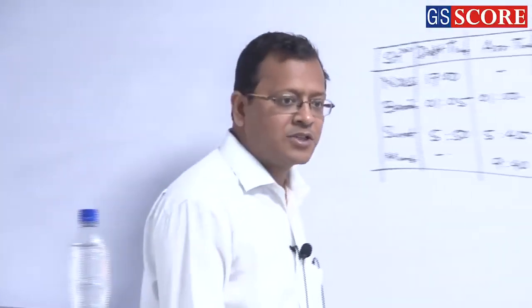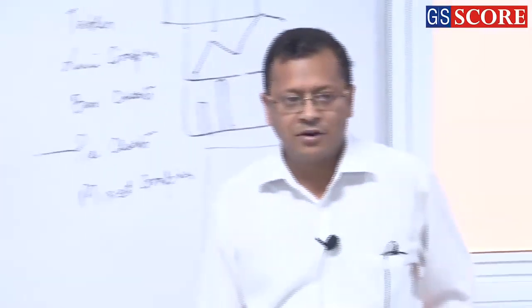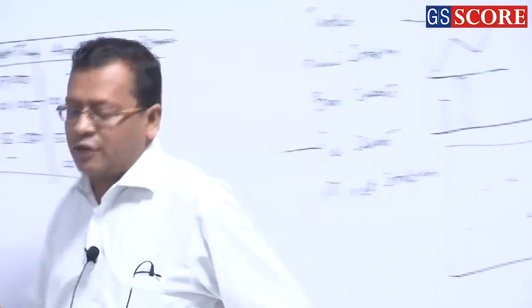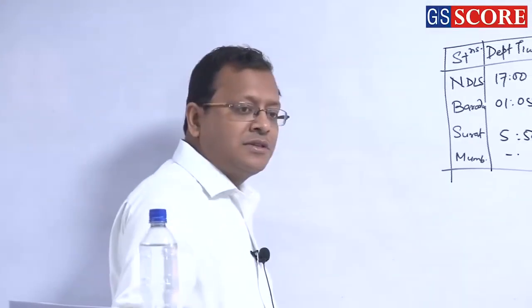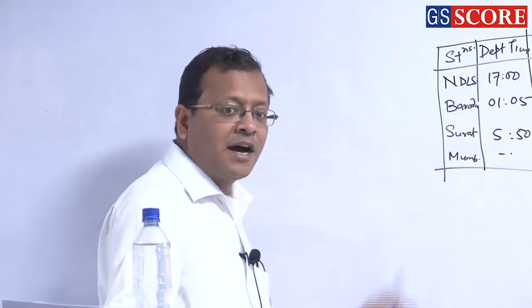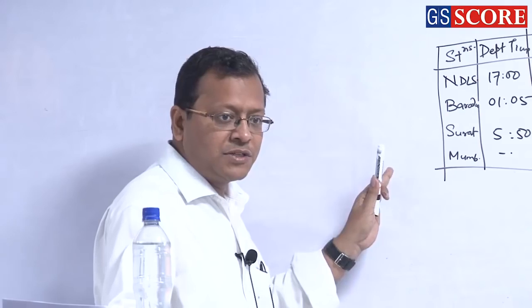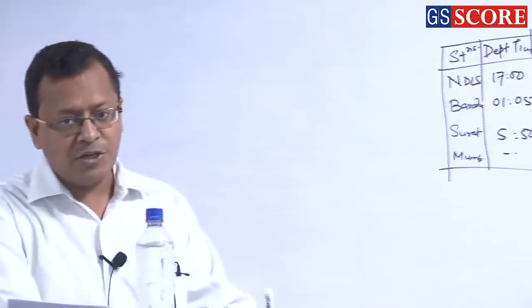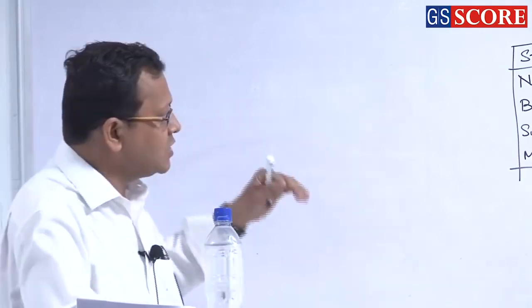We can calculate the stoppage time at various stations. What can we calculate then? We can also calculate between which two stations the speed is higher than the total speed, and between which two stations the speed is lower than the total speed. All of this we can calculate.